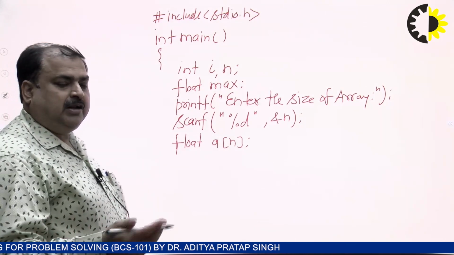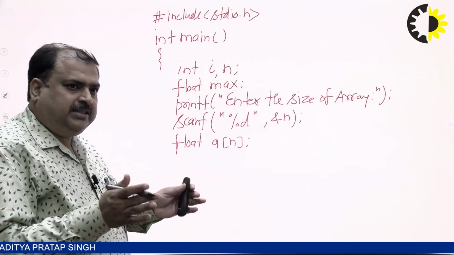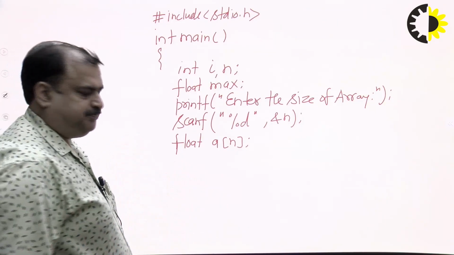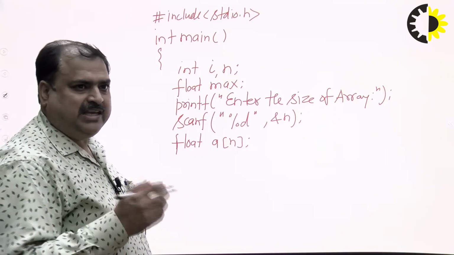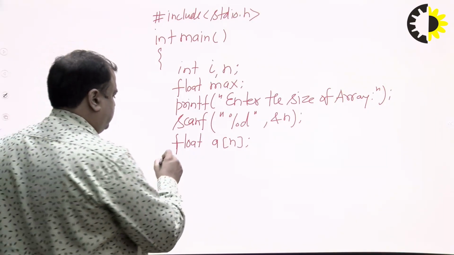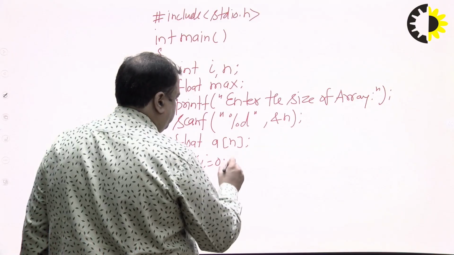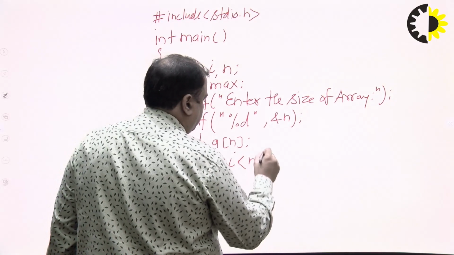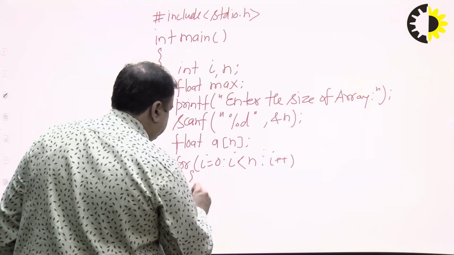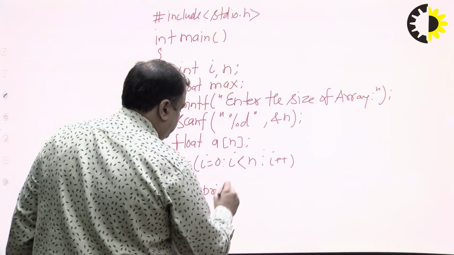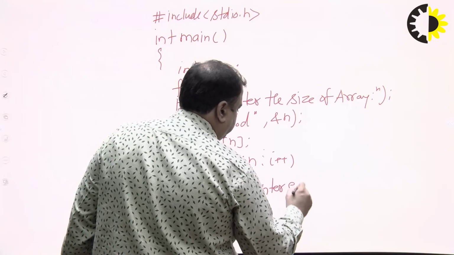So whatever number of elements we require, we are creating only that, reserving only that memory. Okay. So now we need to read each element of the array. For that purpose, we can use a for loop: for i is equal to 0, i is less than n, i plus plus, and in that we can use printf "enter element".